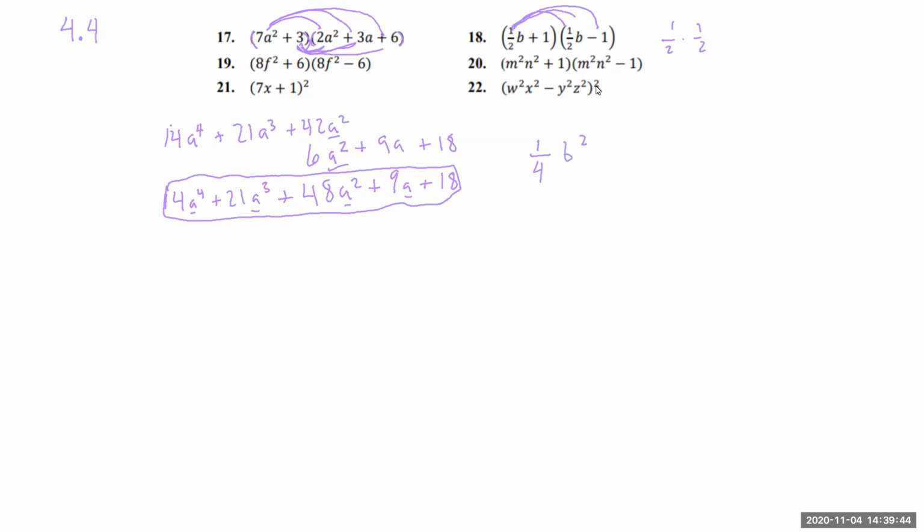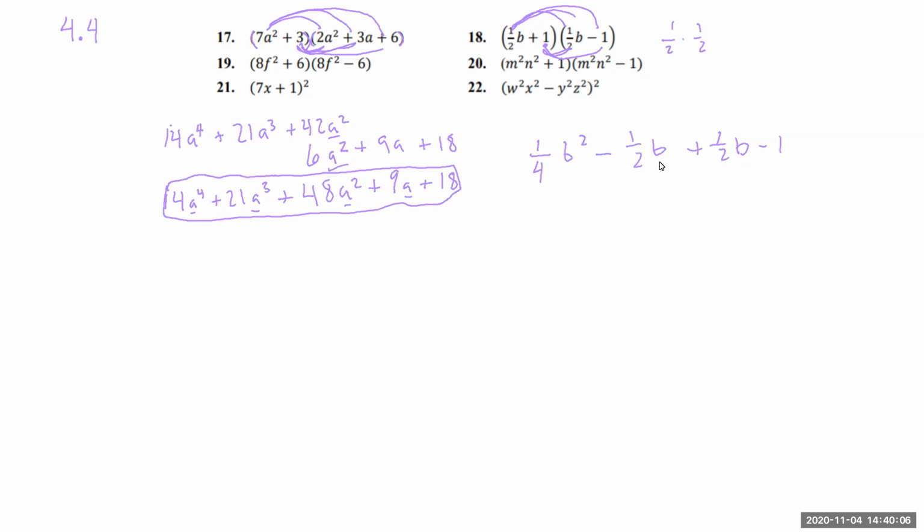And then we go to the second one, which is just going to be a negative 1/2 b. Then we take the second term and distribute it inside the other terms as well. This gives us a positive 1/2 b and then a negative 1, because 1 times negative 1 is just negative 1.